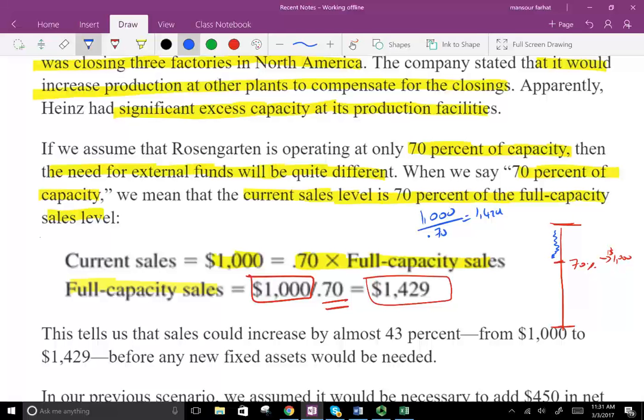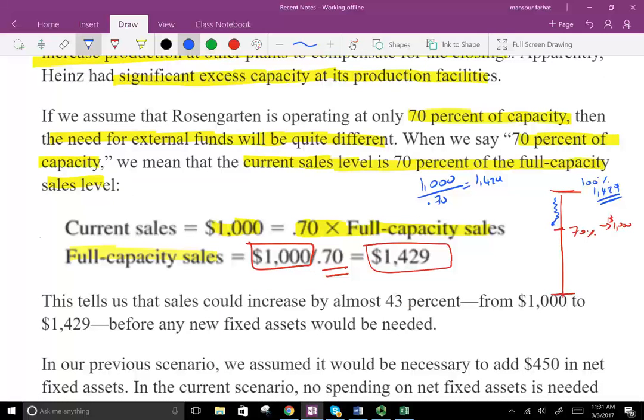So once they reach 100% of their capacity, they can still generate 1,429 without the need of new fixed asset. This tells us that sales could increase by another 43%. Why 43%? Well, 429 divided by 1,000 is 43%.